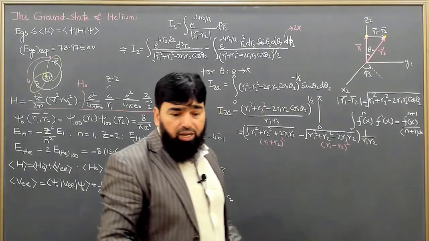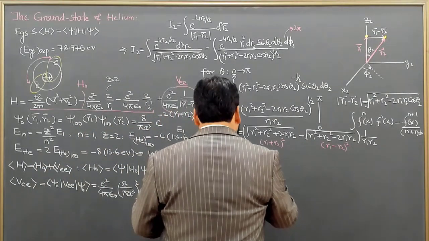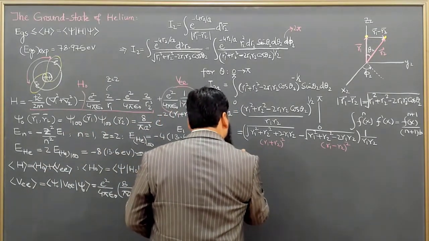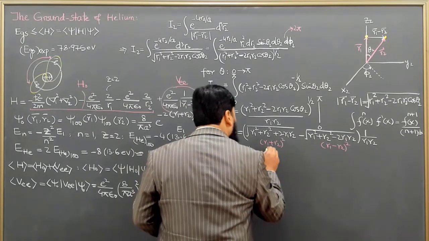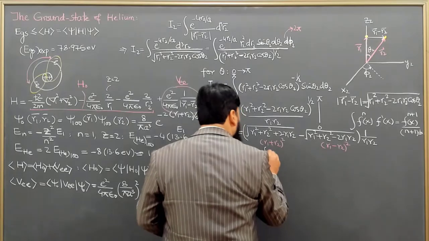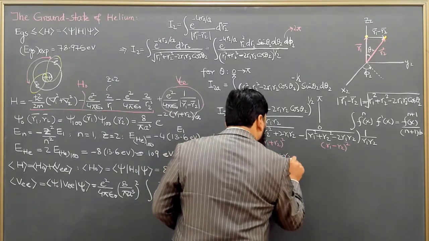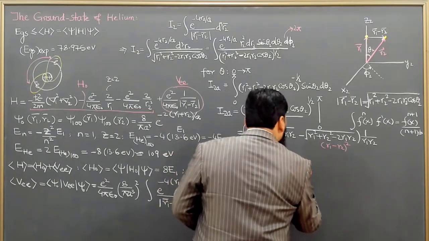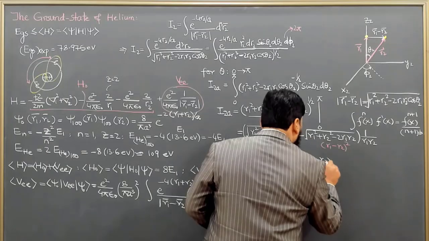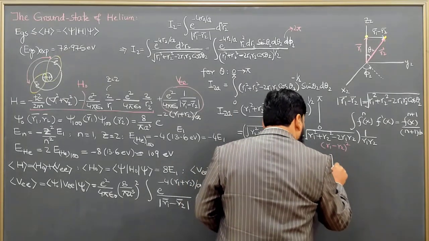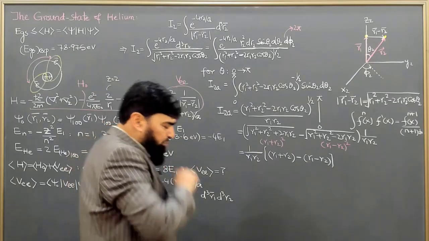So the square will cancel easily with the 1 over 2 there, and I will get that this integral 1 over r1 r2 comes out to be r1 plus r2 minus r1 minus r2. And here we are.